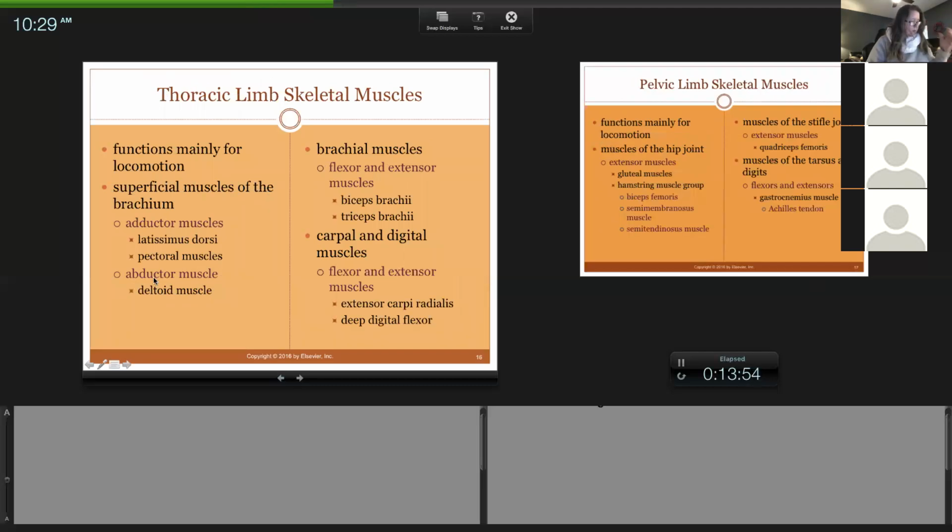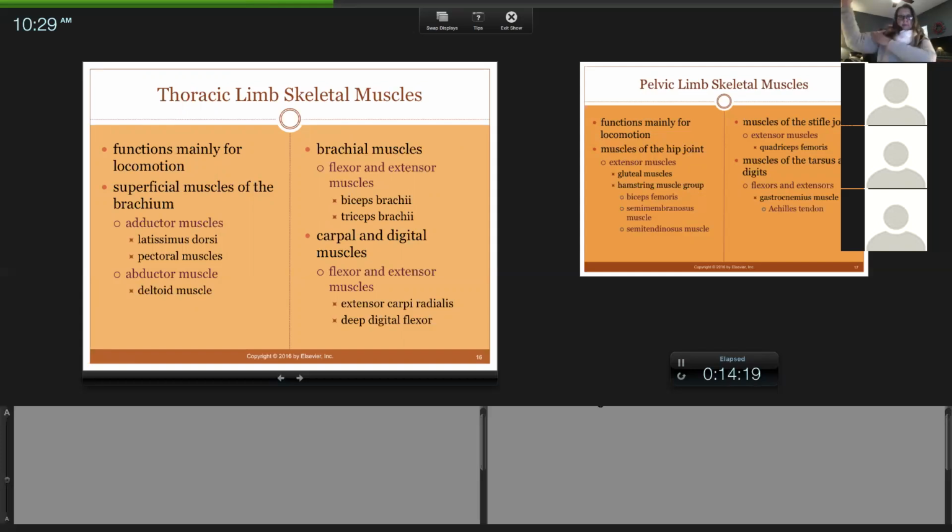I took off deltoids as one of the muscles to know, but that is another adductor muscle. Now, when we go into the brachial muscles, which are up here, okay, they are flexor and extensors. We have biceps brachii and triceps brachii. On your paper, I have listed triceps brachii.